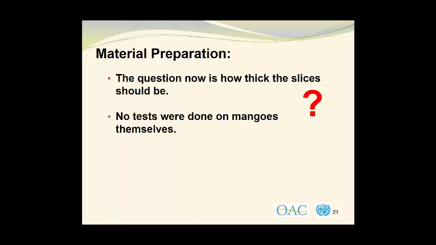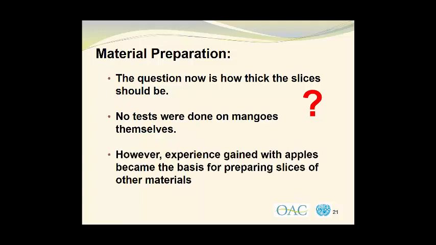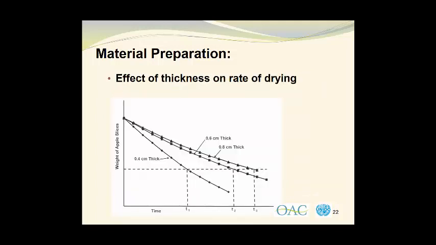No tests were done on mangoes themselves. However, experience gained with apples became the basis for preparing slices of other materials. And here we have a diagram that will illustrate the effect of thickness on the rate of drying, and these results are for apple rings dried in a forced air dryer at a temperature of approximately 55 degrees Celsius and an air velocity of 0.5 meters per second.